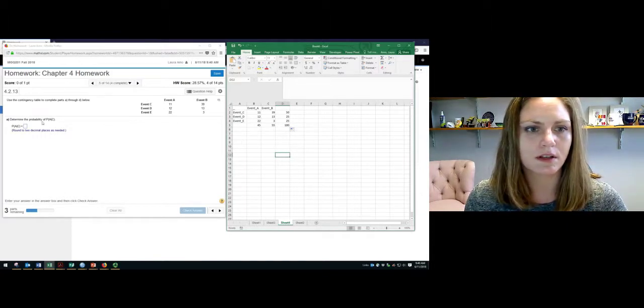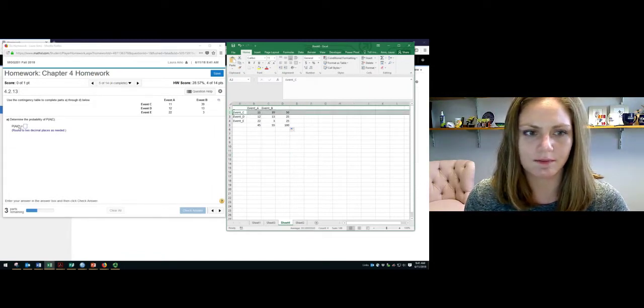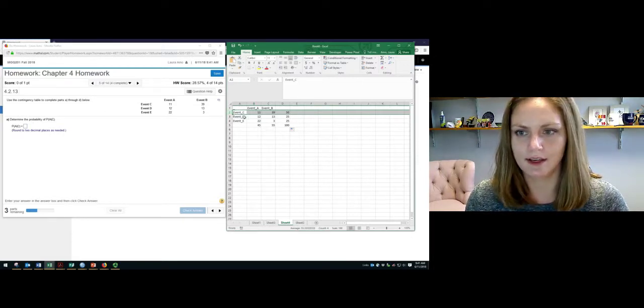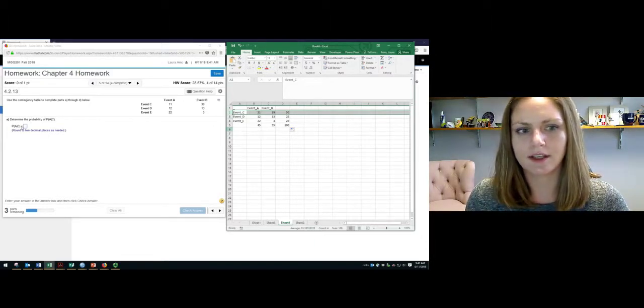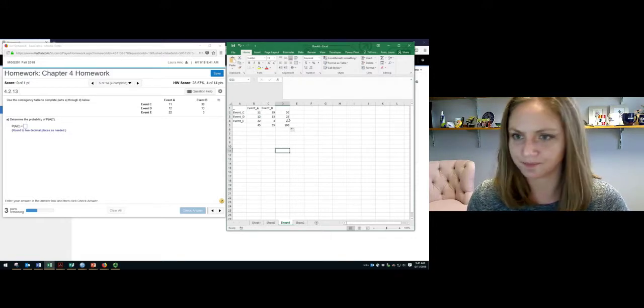Okay, so this is conditional probability, and we're really only interested in this event C, and of those event C's, how many are event A's. So when we're looking at conditional probabilities, we're saying, conditional on the fact that it's event C, what's the probability that it will also be event A? Another way to think about that is that the denominator is going to be the total value of C, so 50. So we're just taking 11 and dividing it by 50.